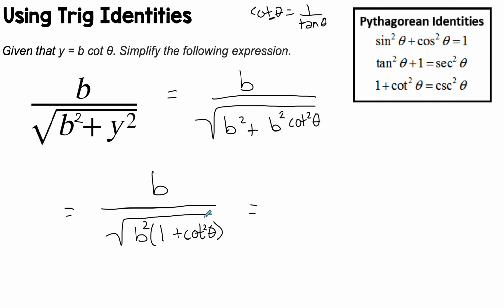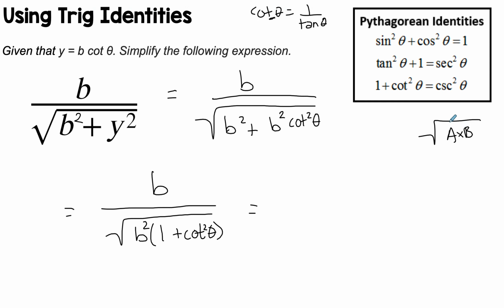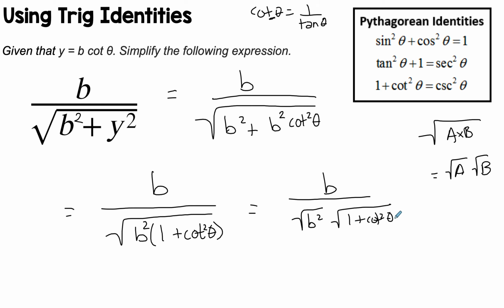So with the square root, whenever you're multiplying two things, a times b, you can always spread the surd, so it goes to a and then it goes to b. So the same thing happens here. I have a video on surds in case you need a recap on that. So b divided by root of b squared, root of 1 plus cot squared theta.